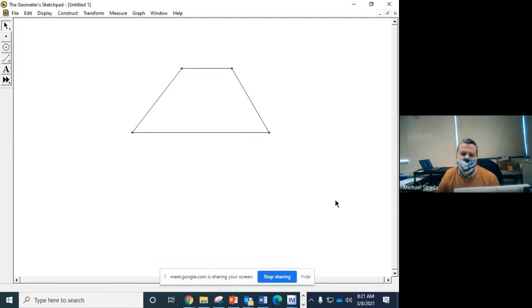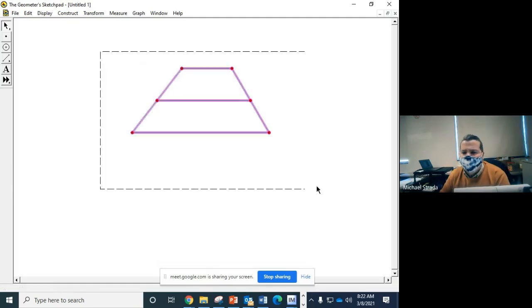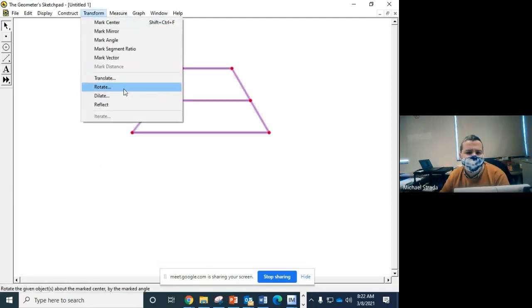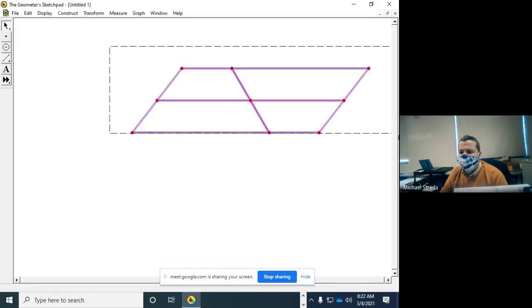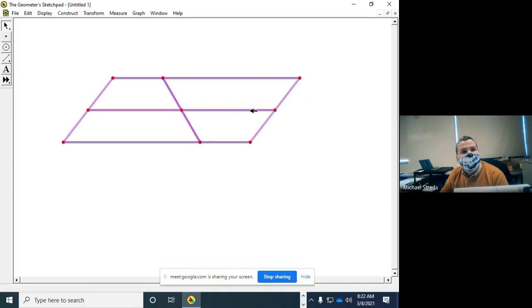Good? Okay, so here's what I do. I connect the midpoints. What do we call that segment? Mid-segment. And what I do is I rotate the entire figure like such. When I do that, what type of figure am I back to?